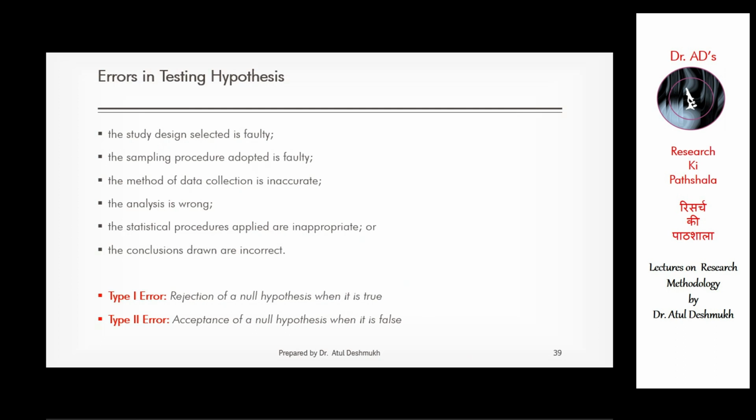The sampling procedure adopted is faulty. Sometimes, based on your convenience, you try to enroll the population, but it is not always accepted. Every person in the population should be given equal opportunity. Suppose there are 30 people in this batch and I want to conduct research and collect data from your batch.